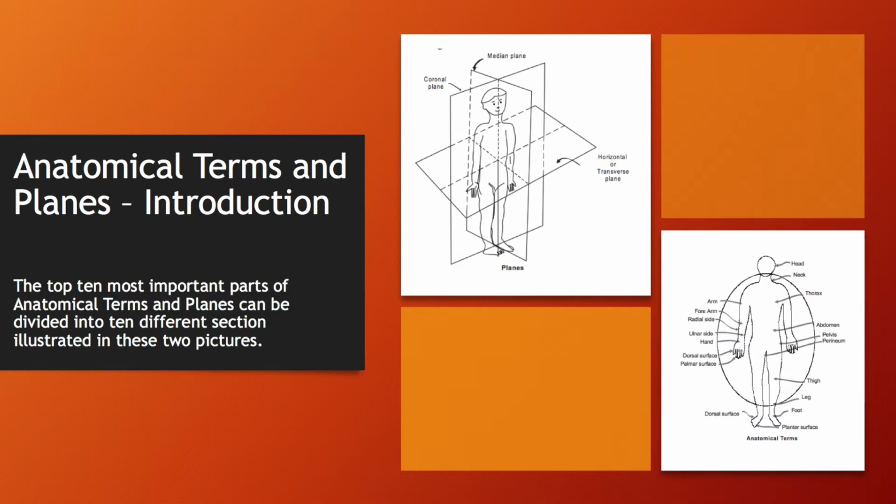Hence on the face, the nose is anterior to the ears and the ears are posterior to the nose. Sometimes ventral is used instead of anterior. In describing the hand, the terms palmar and dorsal surfaces are used instead of anterior and posterior. Similarly, in describing the foot, the plantar and dorsal surfaces are used instead of lower and upper surfaces.